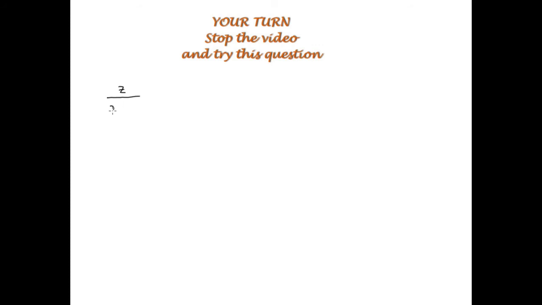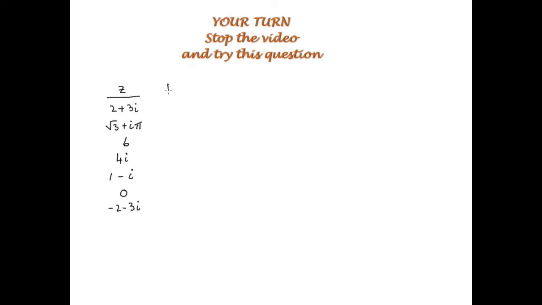Here they are: 2 plus 3i, root 3 plus i pi, 6, 4i, 1 minus i, 0, and negative 2 minus 3i.